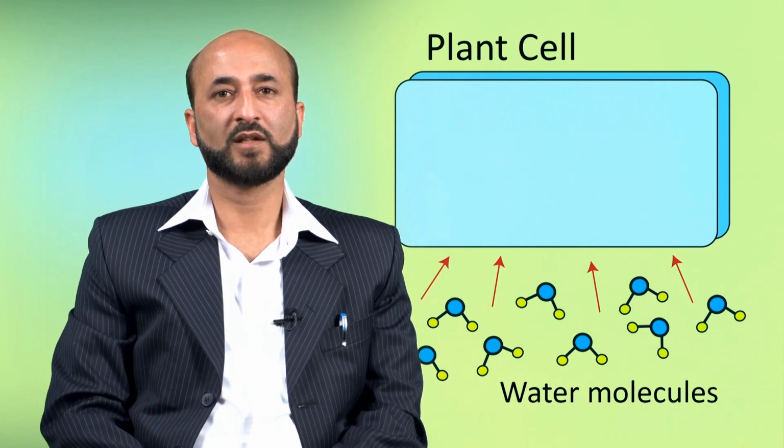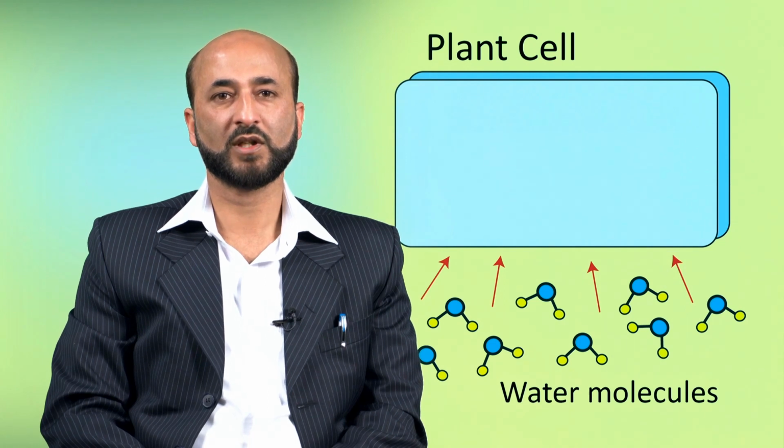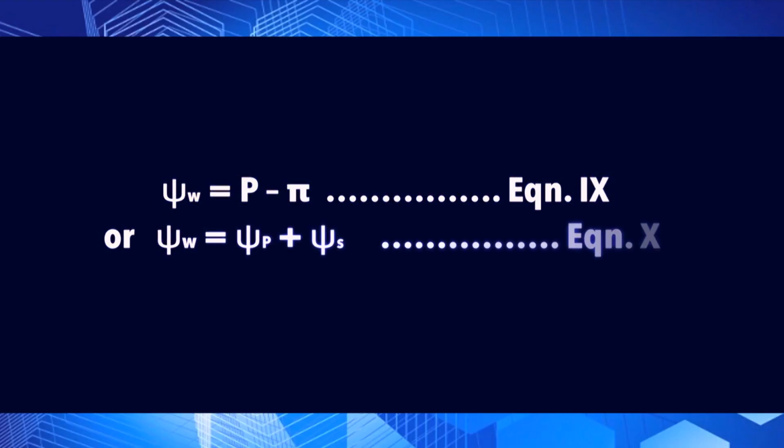Therefore, the relationship between water potential and its components may be expressed either as psi w is equal to P minus pi, where psi w indicates water potential, P hydrostatic pressure and pi osmotic pressure.